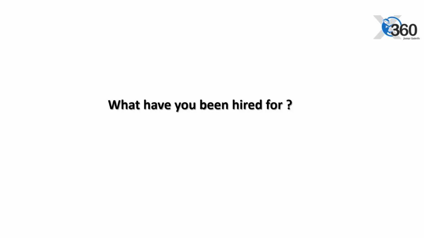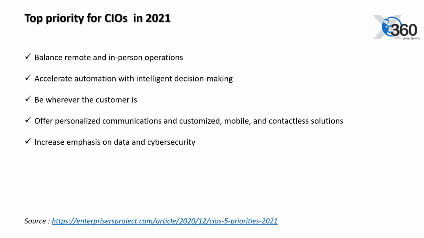Next, the top priorities for CIOs in 2021. And this is not something coming from me; this is research work coming from enterprisesproject.com. The source has been given down there. If you take a look at this, these are the 5 top priorities for CIOs in 2021, specifically given the fact that we are all operating in the new normal now.